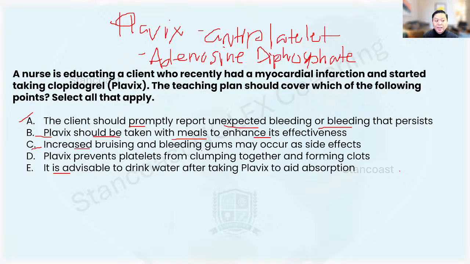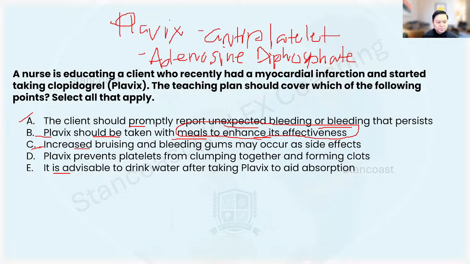So that's why we give the medication with food, not because we are promoting absorption, but because we want to prevent ulceration in the GI mucosa, especially the stomach. But since this is telling us enhance effectiveness, this makes it wrong. But again, you can give this with food to prevent GI irritation.